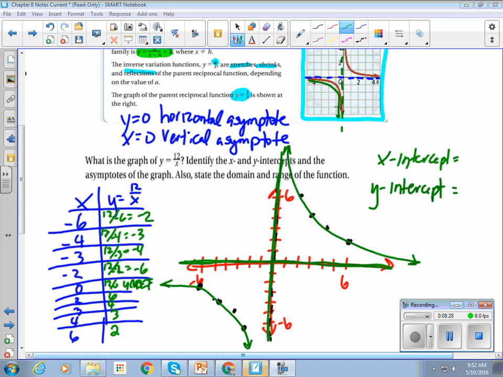If we look at this graph, where does this graph cross the x-axis? Where does this graph cross the y-axis? There is no place where this function equals 0. So my y-intercept and my x-intercept, I have none.